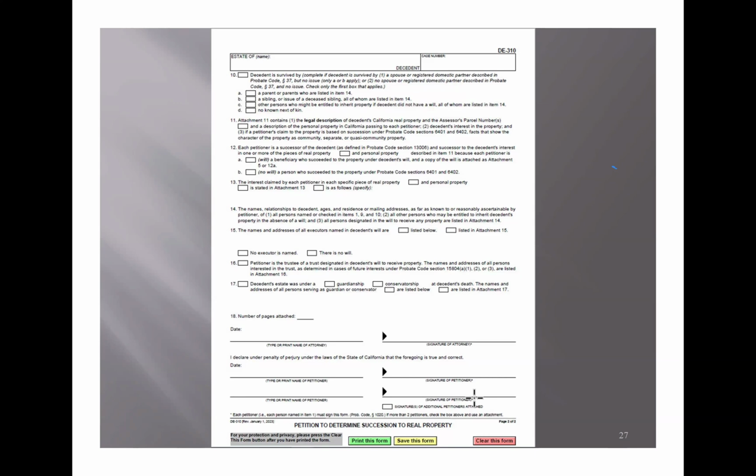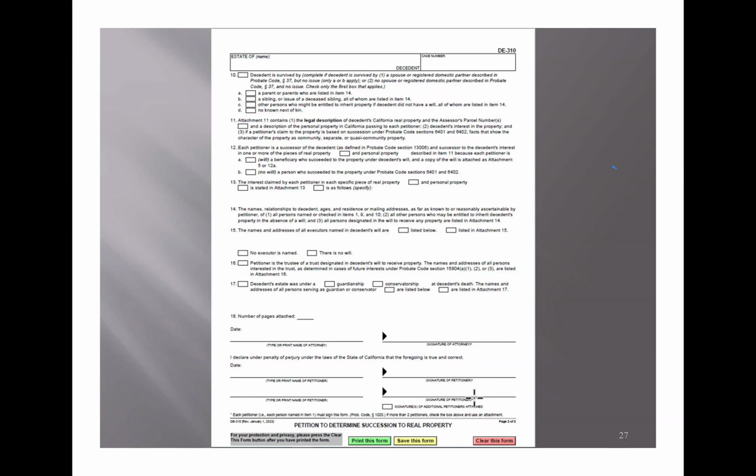And under B, if you file this and include a copy of the will, but the original of that will has not been recorded in Kern County, not filed in the court, they're going to send this back because they want to know that the original will was filed with the court the way it's supposed to be.